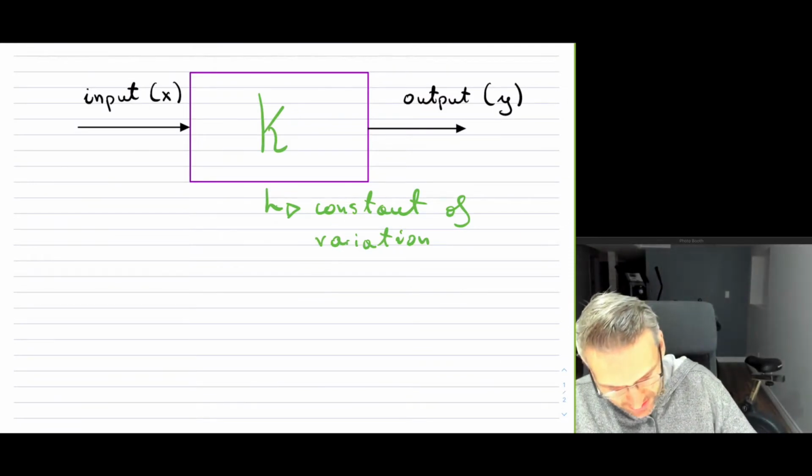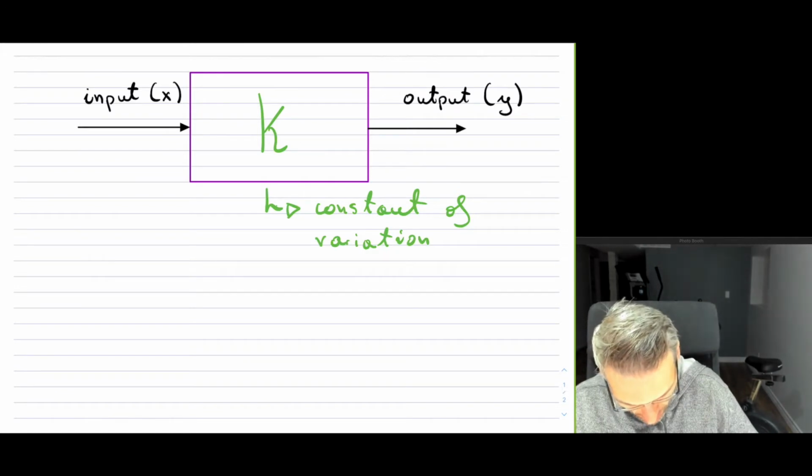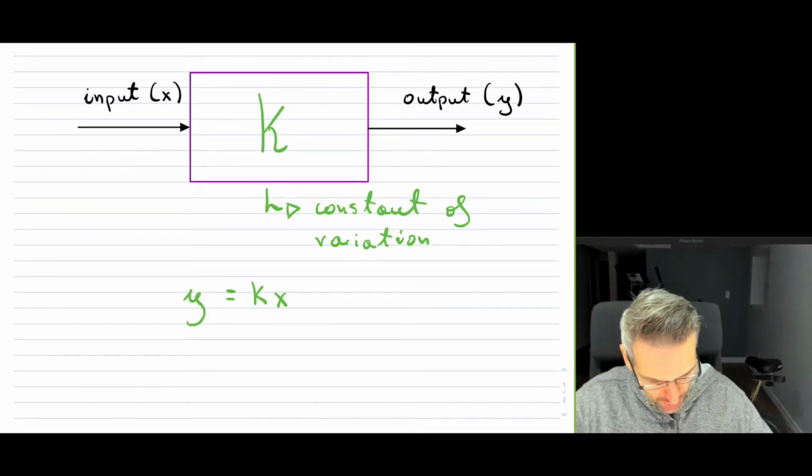The way this would look is you have your x coming in, your x is being multiplied by your k, and then you have your output, which was y.